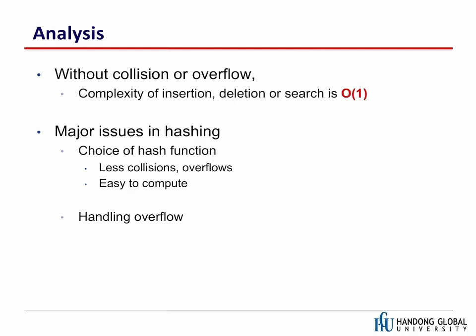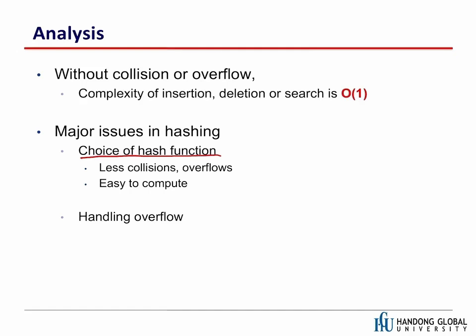Okay, major issues in hashing are two problems. So first one, the choice of hash function. In previous examples, we had really simple hash functions. It takes just the first character, but that is not a good choice, okay? If it is a good hash function, then we need fewer collisions and fewer overflows.